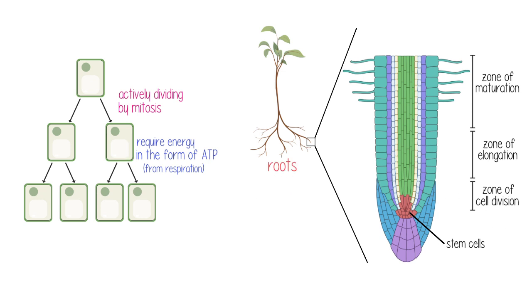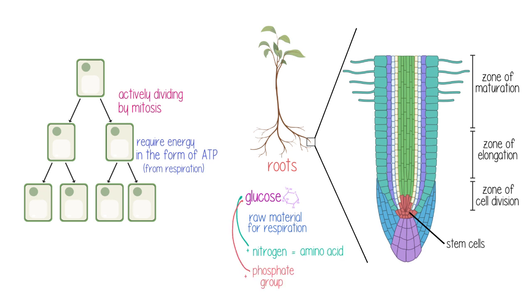Now, of course, those cells would require glucose, which is the raw material for respiration, or they might even need glucose to combine it with nitrogen to make an amino acid, or to combine it with a phosphate group to make a nucleic acid, or to even convert it into a storage molecule such as starch within the tubers.